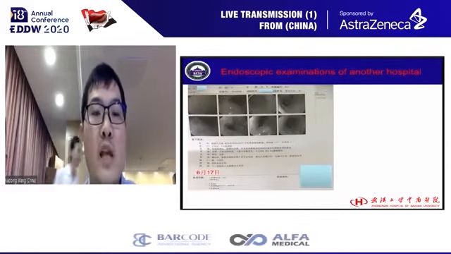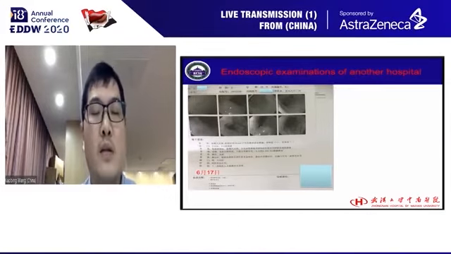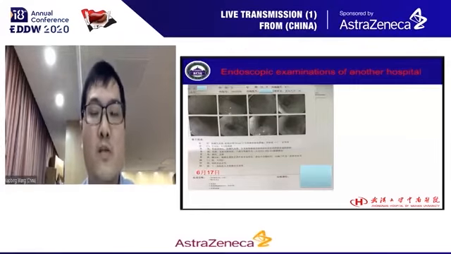On June 17th, the patient received a gastroscopy, which indicated moderate esophageal varices, chronic gastritis, and gastric polyps. There was only low risk for esophageal varices bleeding.